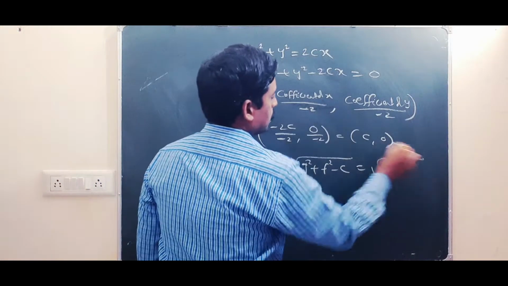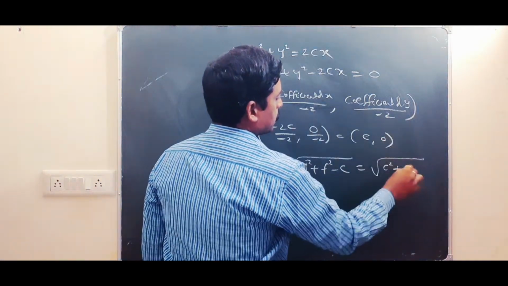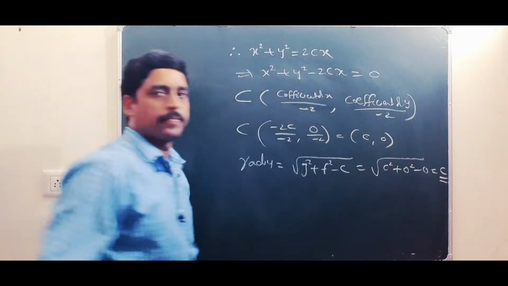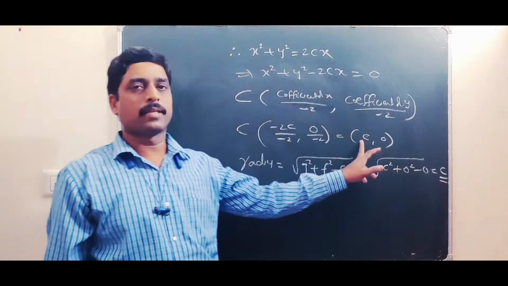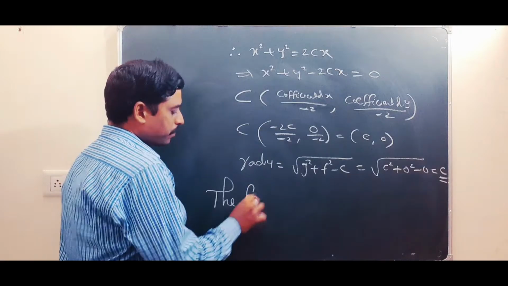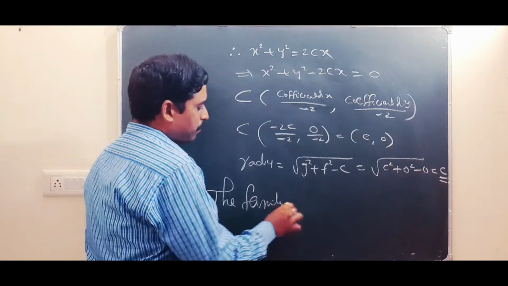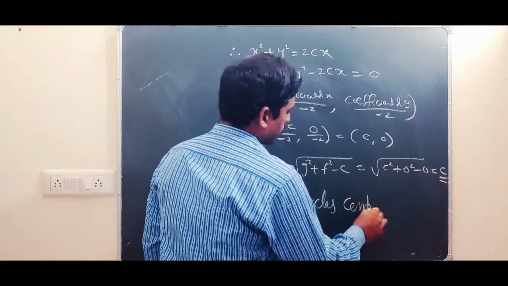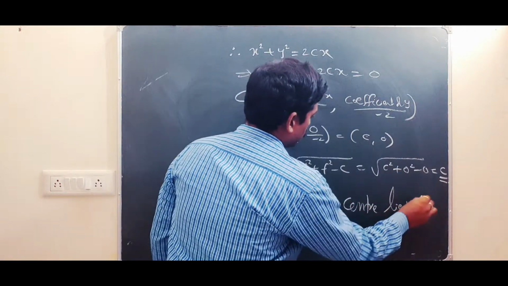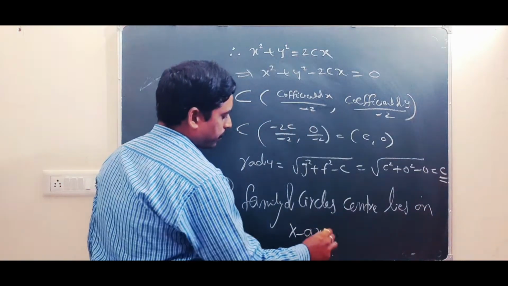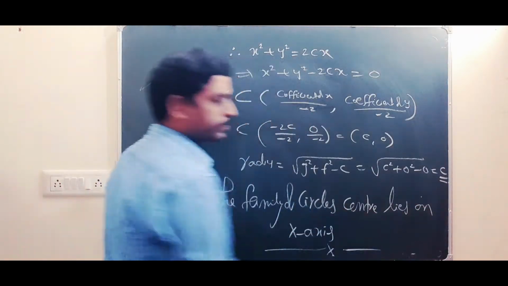So root under g square, c square, plus f square, 0 square, minus constant, 0. So radius is c. So the center lies on the x-axis. The family of circles whose center lies on the x-axis. So this is the answer.